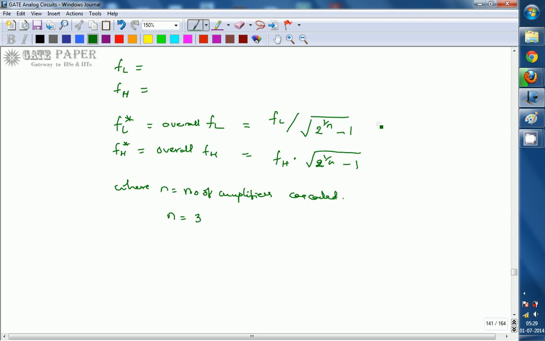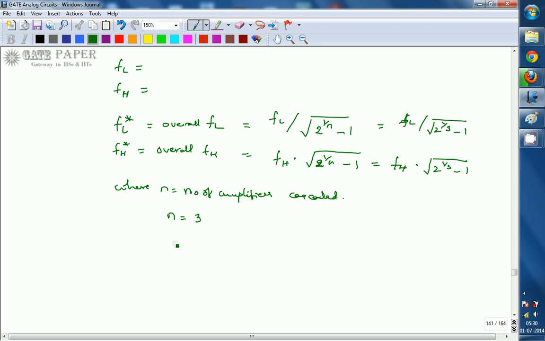So simply substitute n with 3. FL is 20 Hz and FH is 1 kHz.